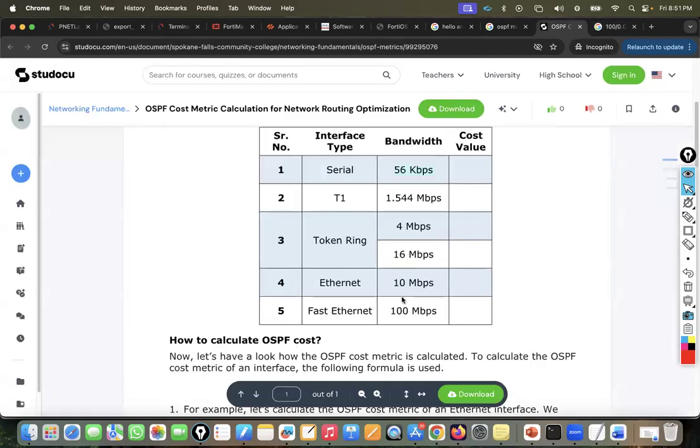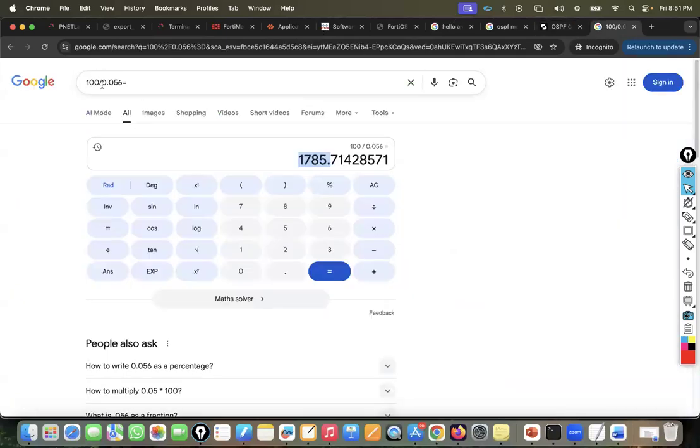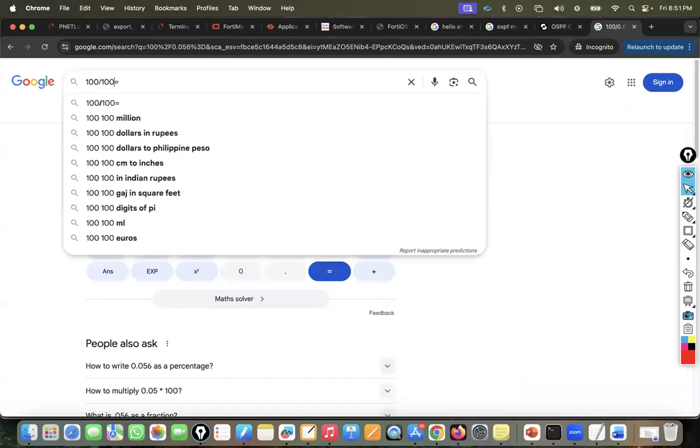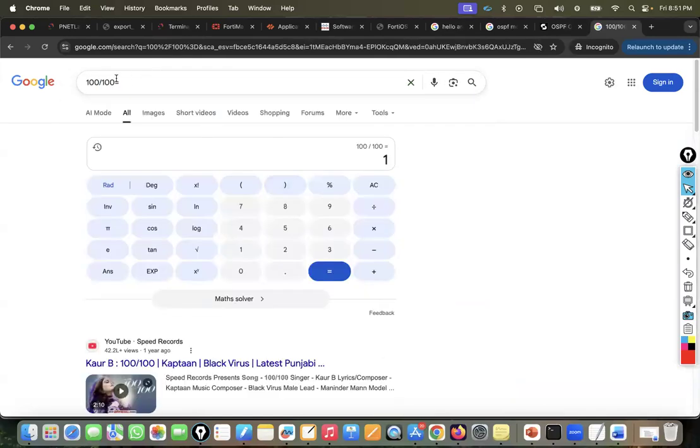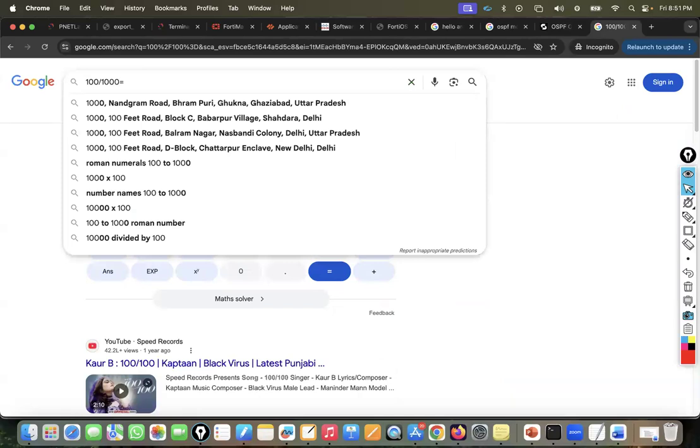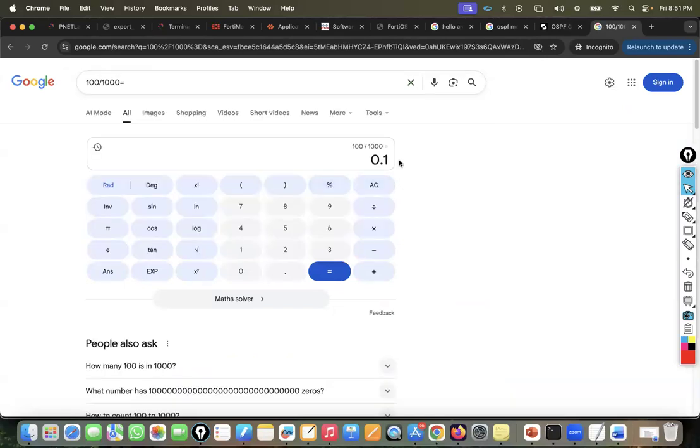If I take the example of fast Ethernet, 100 divided by 100, so it's going to be 1. But if you take gig, it is going to be 1000, so it's going to be 0.1. It is still considered as 1 as the metric. So any link of more than 100 Mbps, the cost is always going to be 1.